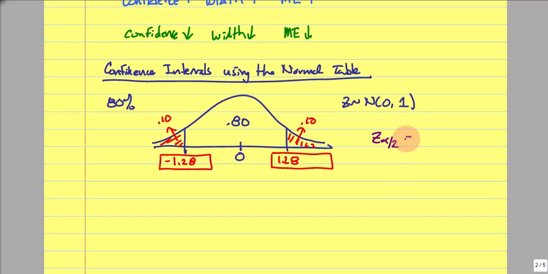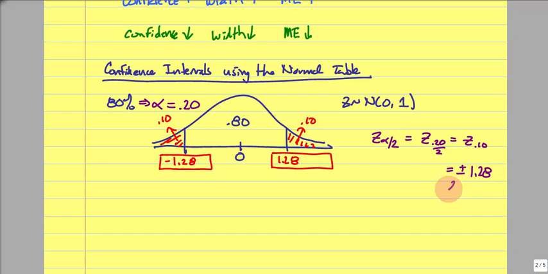Now, the way this develops then, alpha is the amount, 0.20 in this case. If I'm 80% confident, that means my lack of confidence is 0.20. So alpha is 0.20. I divide it by 2 here, and the reason I divide it by 2 is I have those two tails. So Z 0.10 in this case was plus or minus 1.28. So that's my confidence factor.